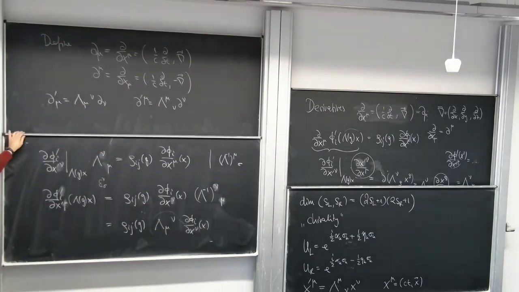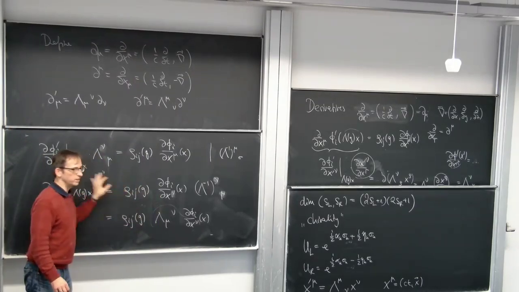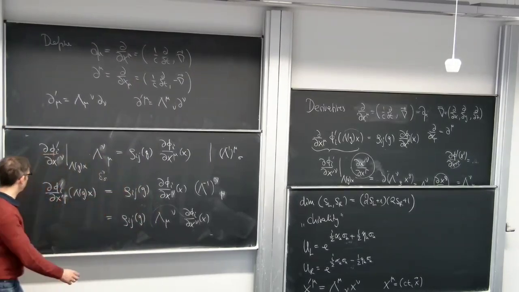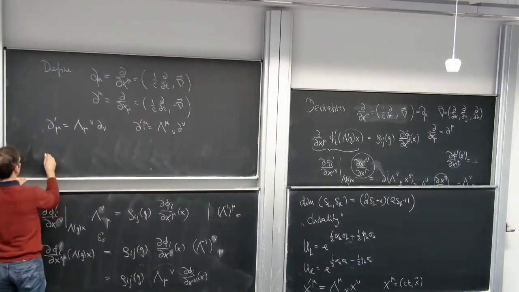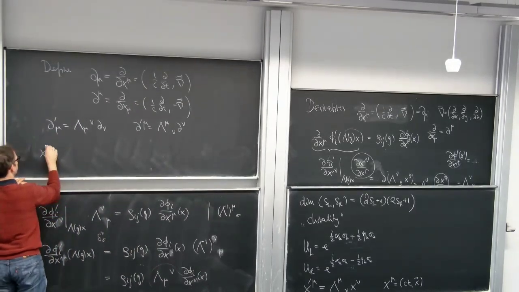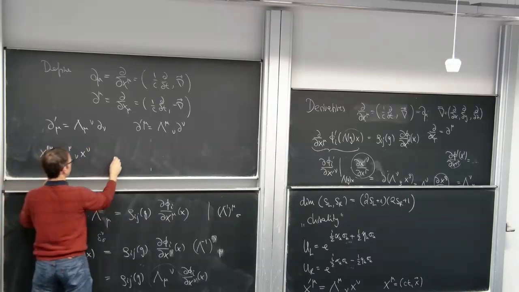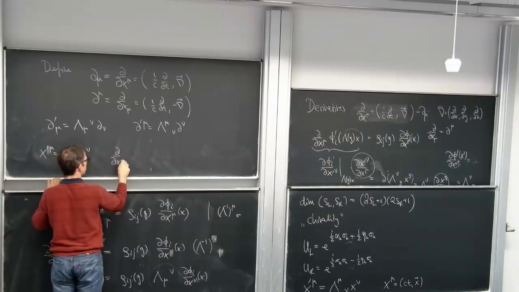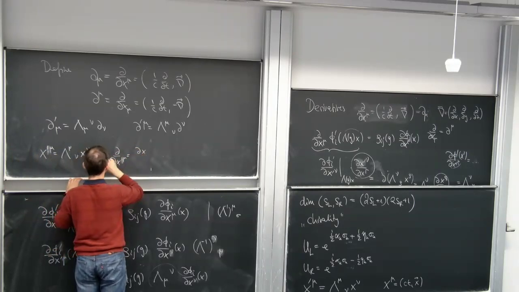It wasn't absolutely necessary to go through all of this with the row matrix and everything, but the shortcut is this. You have x prime mu is lambda mu nu x nu. And if you do d by dx prime mu, well, it really is just the chain rule.